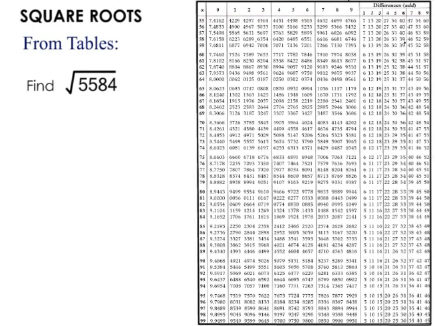How about the square root of 5,584? In the proper standard form, that would be 5.584 times 10 raised to power 3. But there's a problem, because 10 raised to power 3 is not a perfect square. We need to make the power an even number. And so we move the decimal to the right and have 55.84 times 10 raised to power 2. Square root of 55.84, 55 is here, coinciding with 8 here.